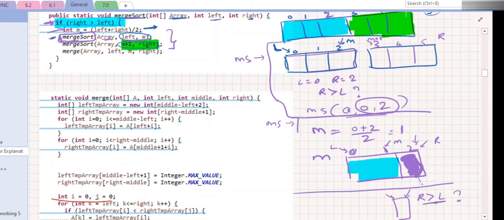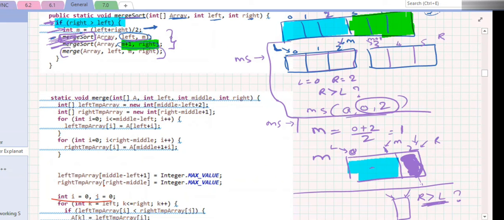Is right greater than left? No. So at this point you will break the recursion and this will finish executing. This is your left side, this is your right side, so your right side would have finished executing. Then it will come and hit the call to merge.